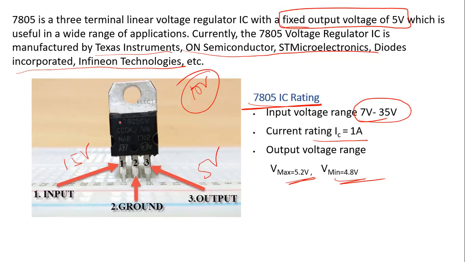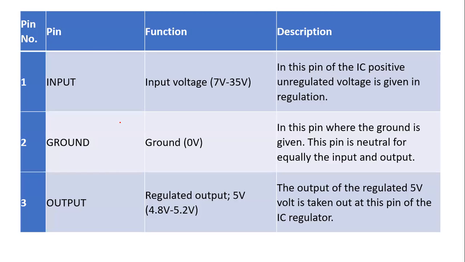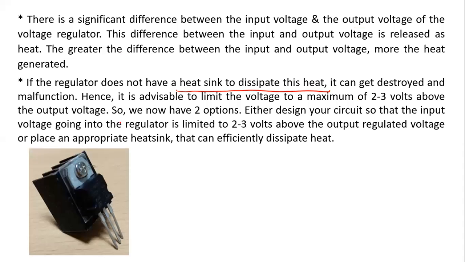7805. So for that, most of the time, this kind of ICs are connected with this kind of metal. I think you can see here, this is a metal block. So this IC 7805 is over here. This IC 7805 is tied to this large metal with a large surface.